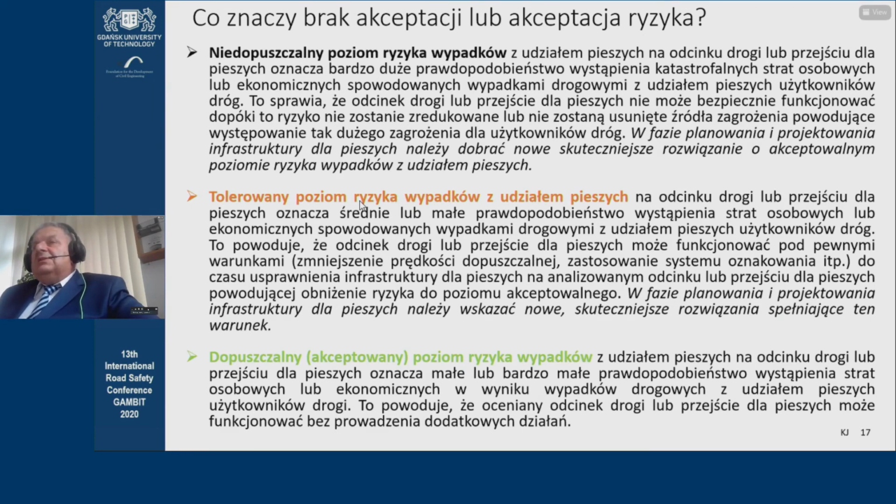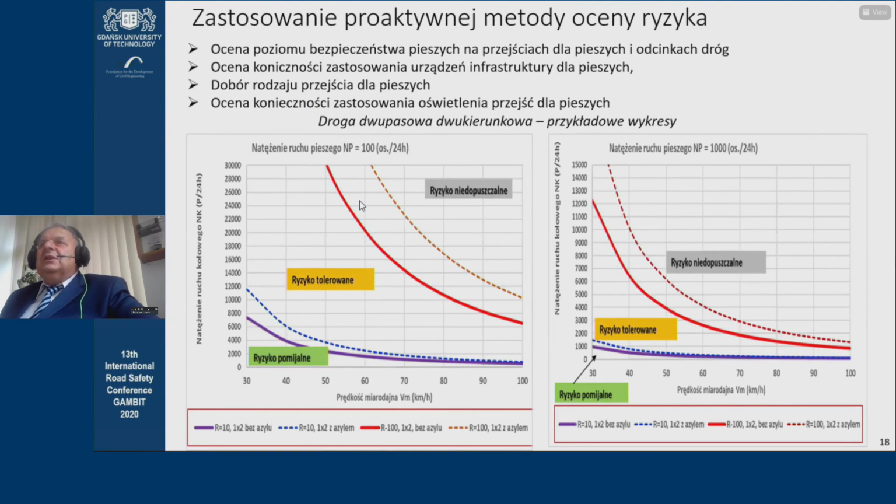If the level is tolerated and it's existing, then we have to apply some treatment there, such as changing the speed limit. But we should also, if it's still at design stage, then we have to change that to a safer option. So you can use the risk calculation model for this. And if the risk level is acceptable, then no change is required, but still we should monitor the site occasionally.